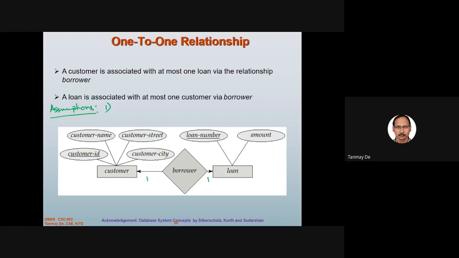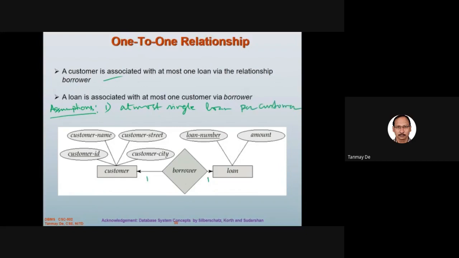In this ER diagram, what restriction does it represent? Customer is associated with at most one loan via the relationship borrower. That is, at most a single loan per customer.